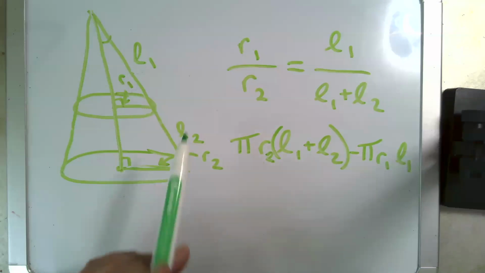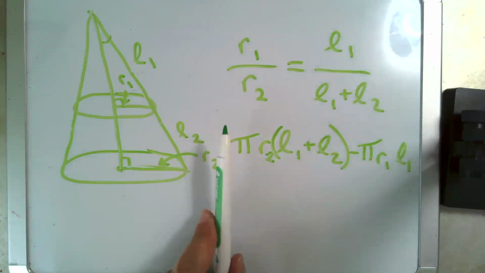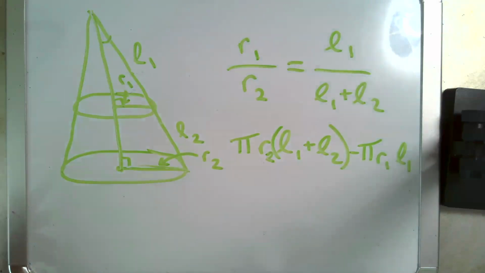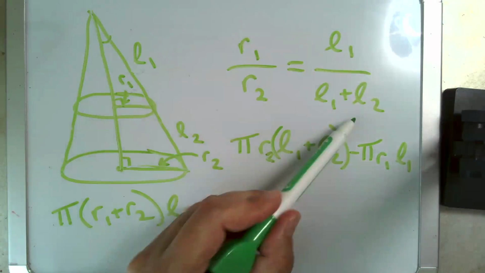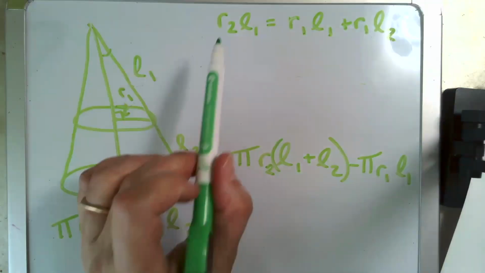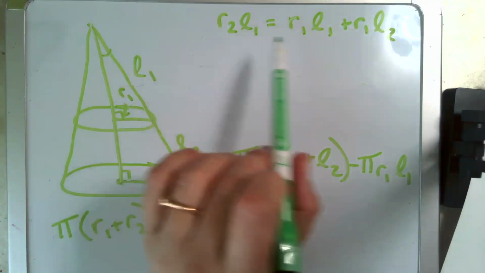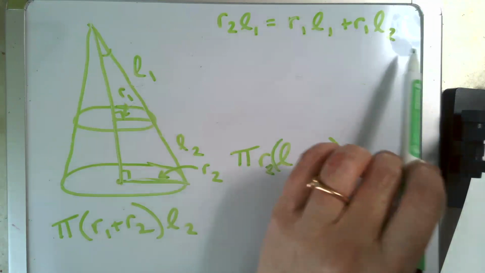So my question is, there must be a way to use this ratio to take this and make it look like the one in my daughter's formula, which was pi R1 plus R2 times L2. So the first thing I did was I took this and I cross multiplied it, right? Multiplied this times this equals this times this, and ended up with R2 times L1 equals, and then I distributed this through R1 L1 plus R1 L2.